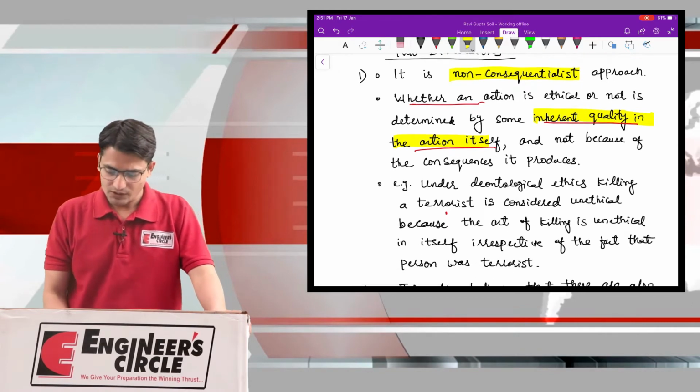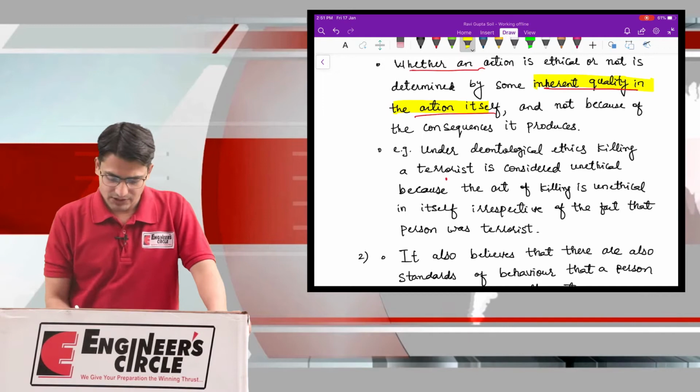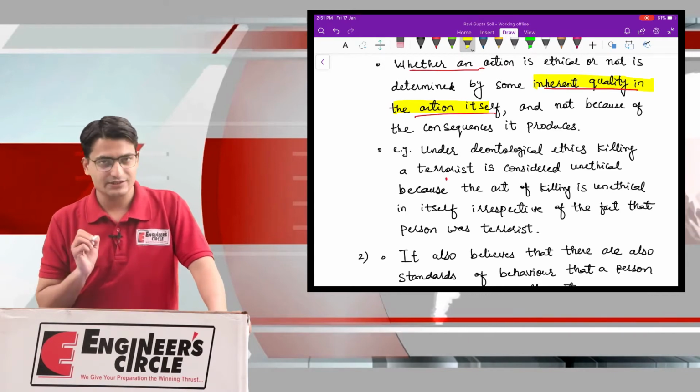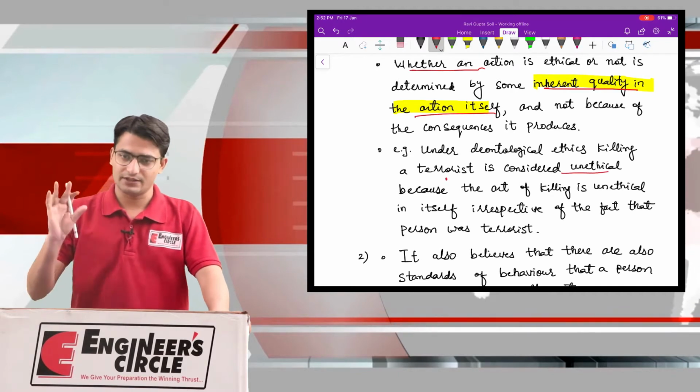Okay, so we will take an example. Under deontological ethics, killing a terrorist is considered unethical directly.